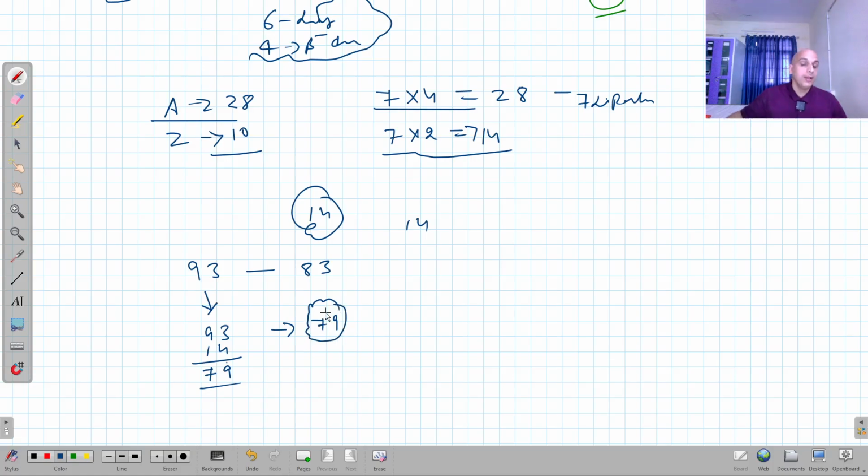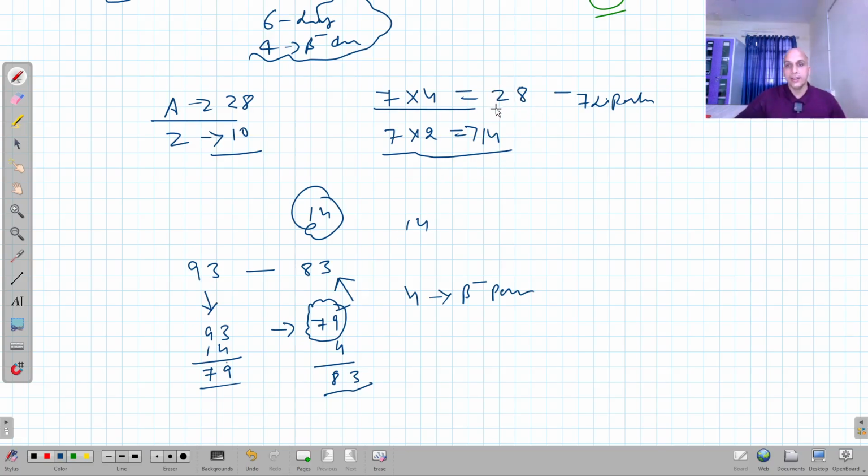Atomic number will be reduced to 79. What here it is? 83, right? So we want to have 4 beta negative particles. Only then this will be added here, right? Then it will become 83, right? So this is the way of doing it.